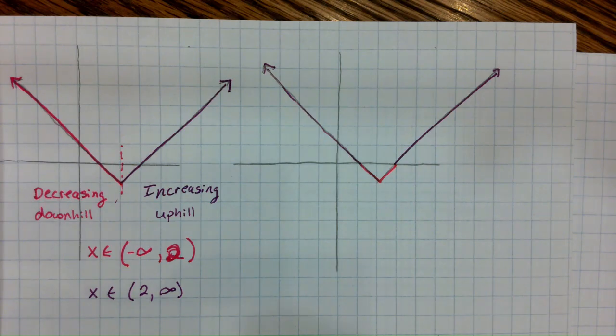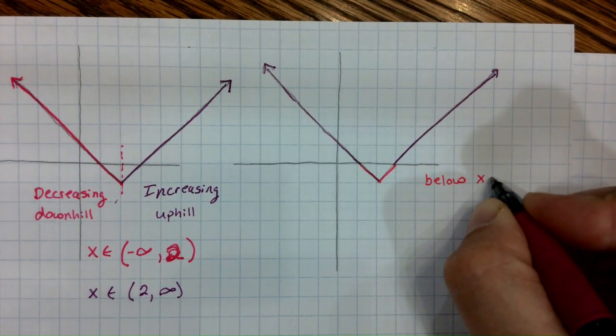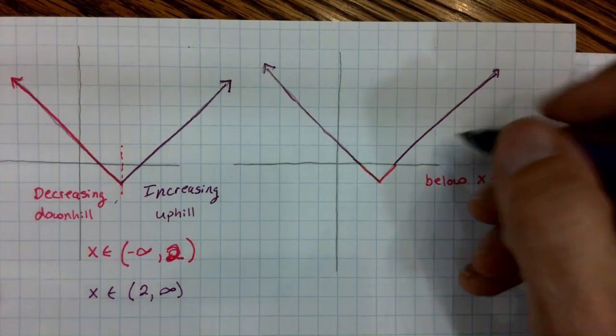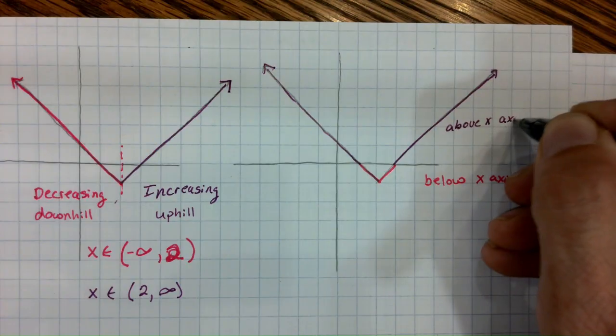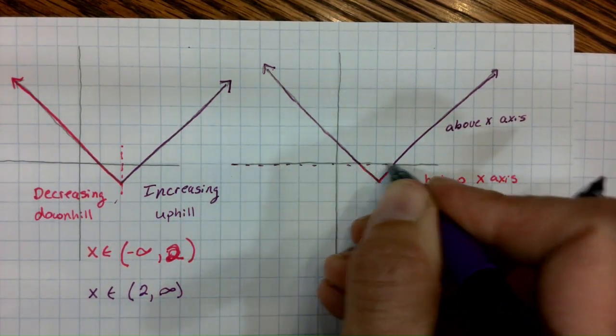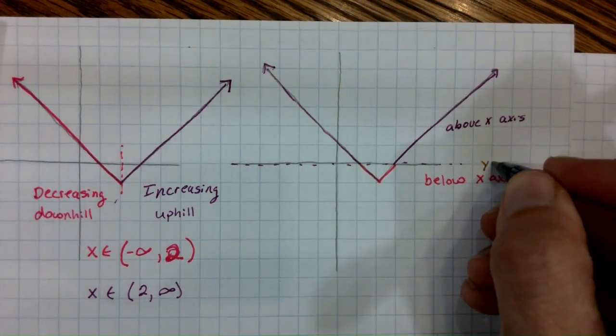But where it is pink, you'll notice that the pink is below the x-axis. And in the purple, we are above the x-axis. It's because this is the line y equals 0.